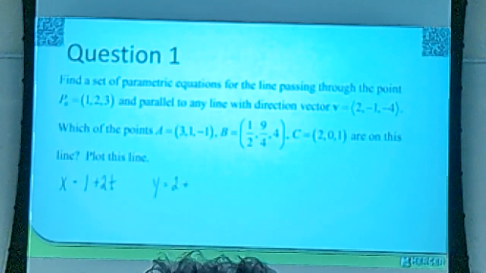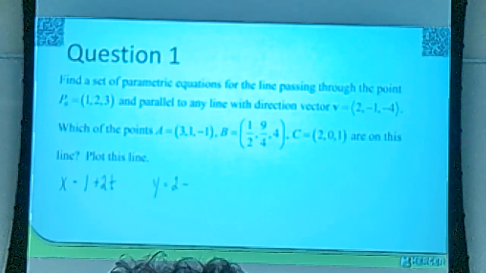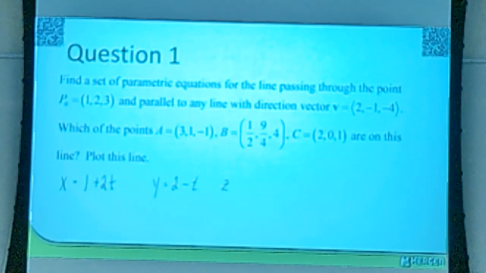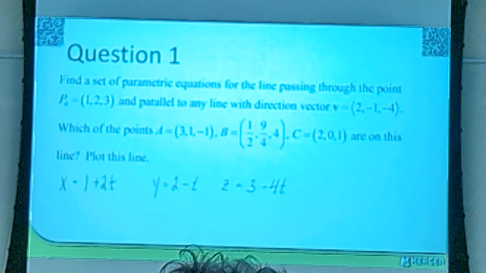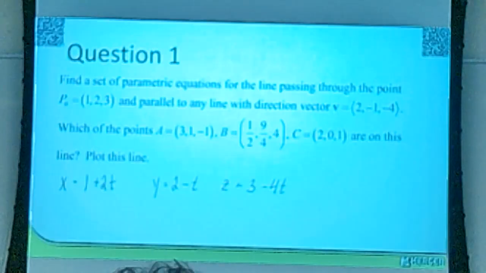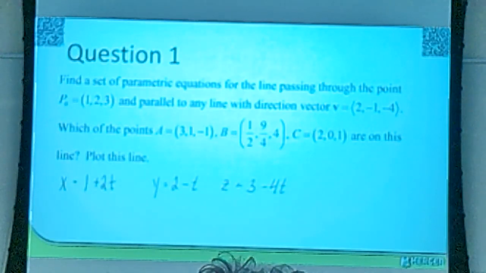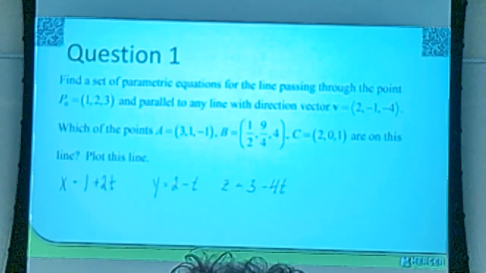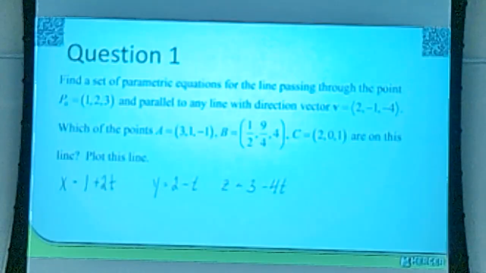Y naught plus bt, and z naught plus ct. That's the parametric equations for the line. So that is how you would describe the line. And t can be anything.